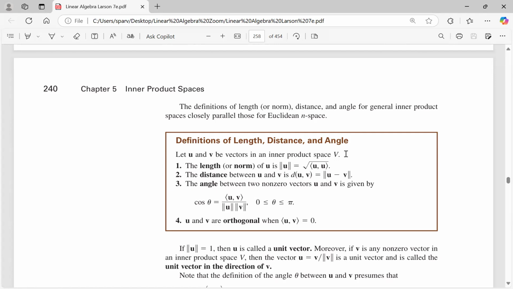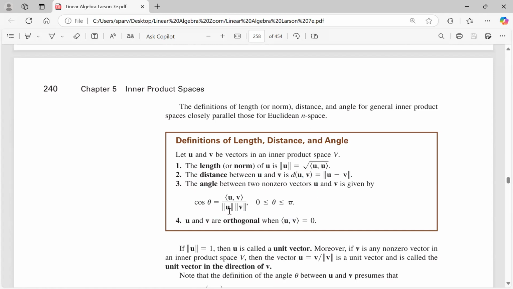So U and V are two vectors in an inner product space now. You see that? That's the only difference. The norm of the vector is, remember, the square root of U dot U. That's what this is. The distance between U and V, we did an exercise on this one. It's just like the previous section.